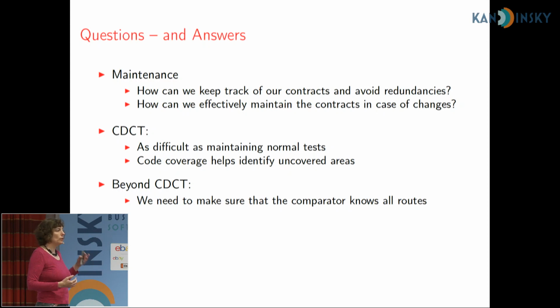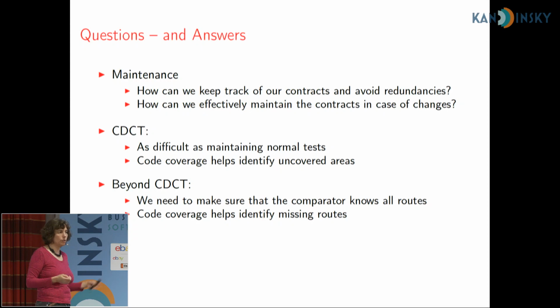So the only thing we need to make sure is that the comparator knows all the routes. If we don't add a route to the comparator, it can never go there. So we also create a sort of blank area there that we don't cover. But we can also identify this with code coverage. If we never hit this endpoint, then we can think about, maybe we should check this in the comparator.